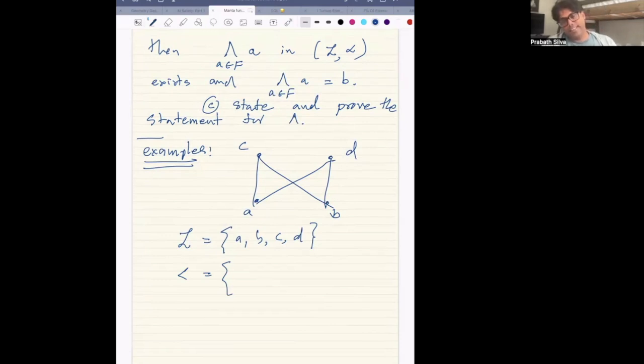Ordering is a relation. Relation is a subset of the product set. So I can specify these things by telling A, comma C, and A, comma D, and B, comma C, and B, comma D. Okay. And that's a way to specify the partial order.